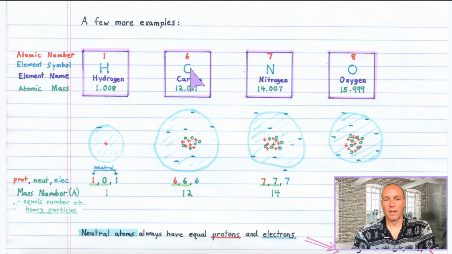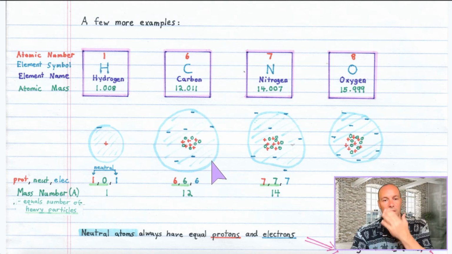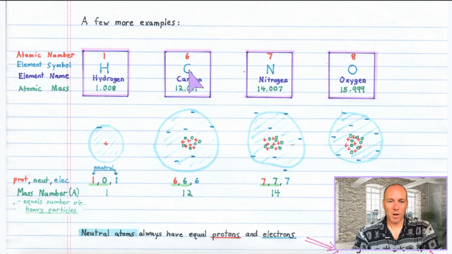Let's take a look at a representative carbon atom. We can tell this is a carbon atom because carbon is element number 6, and I see 1, 2, 3, 4, 5, 6 protons in this atom right here. What about neutrons? Let's count them up. 1, 2, 3, 4, 5, 6 neutrons, and then 6 electrons. So 666.